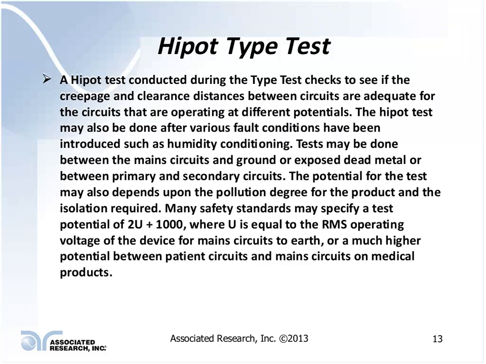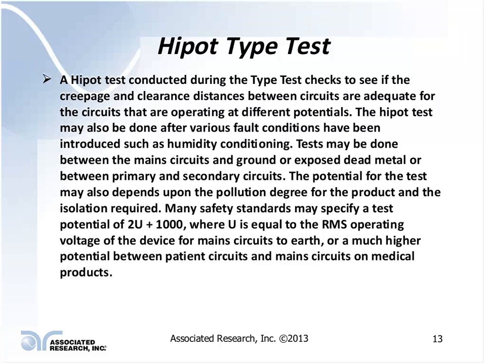So, this test is conducted under various types of fault conditions. Sometimes, as a type test, you will introduce humidity conditioning to simulate a very wet environment. It may be after a rain test that has been done on the product.